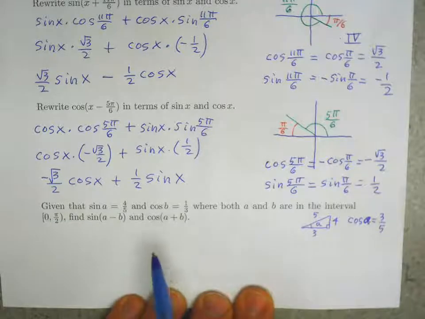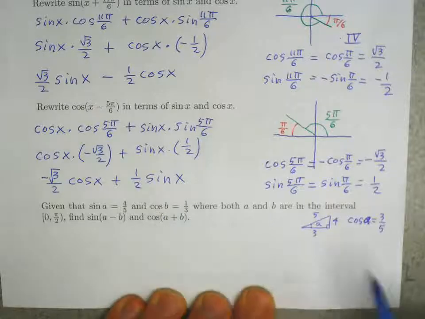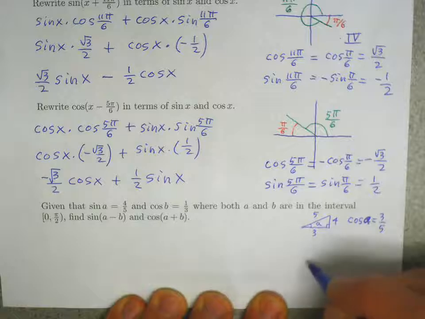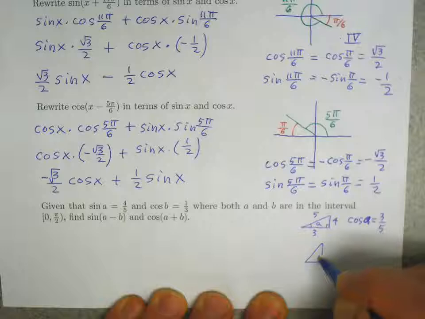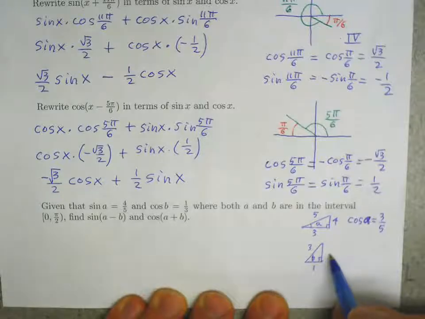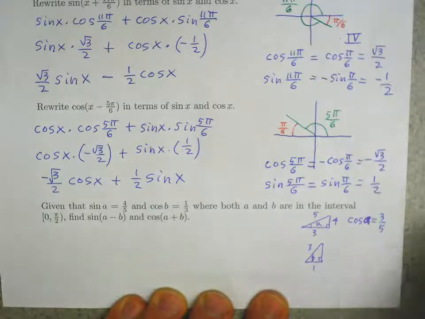We also need to know what sine of B is. We're given that cosine of B is 1/3. So if you have an angle B and the cosine is 1/3, we need to find the opposite side, and that's not too hard to do.